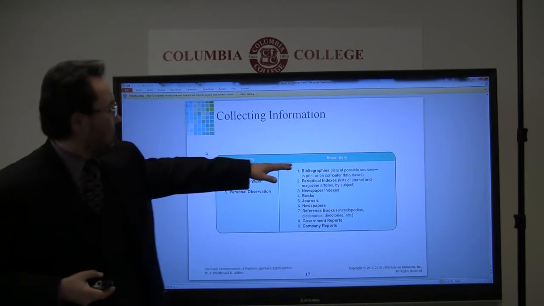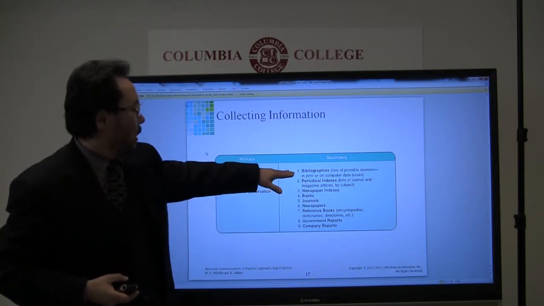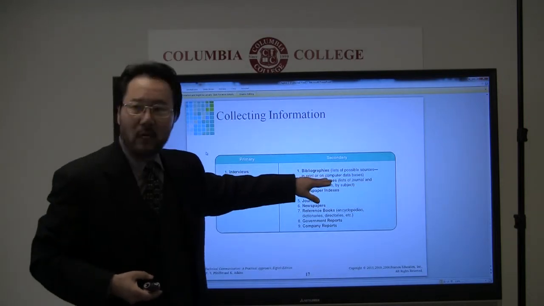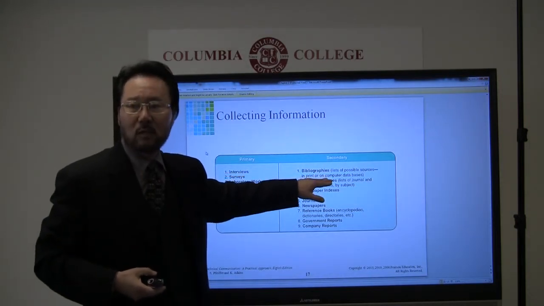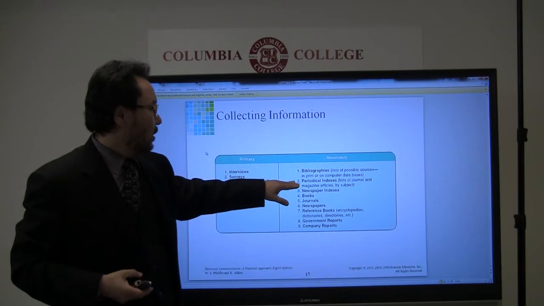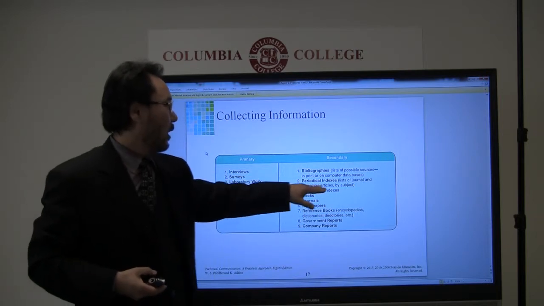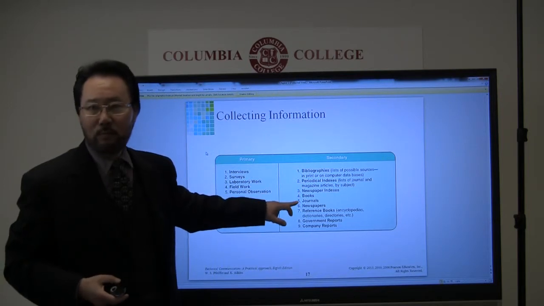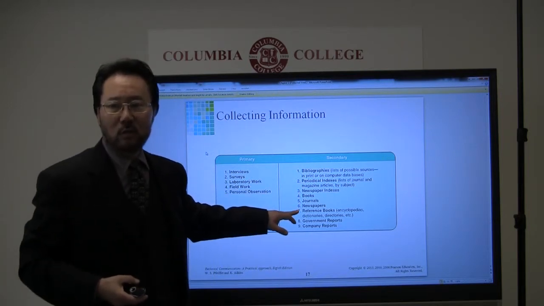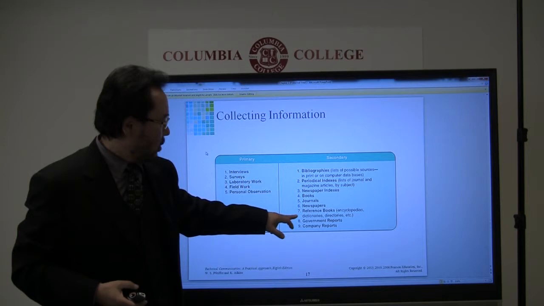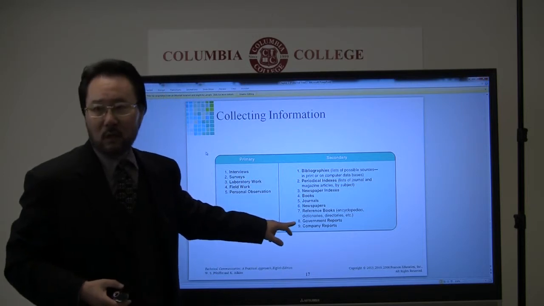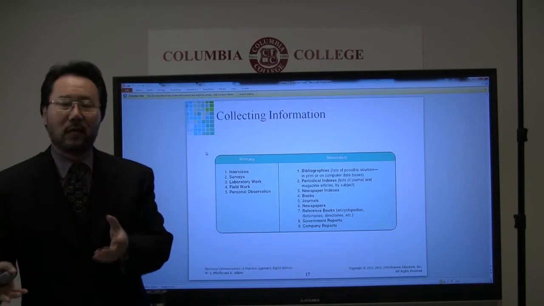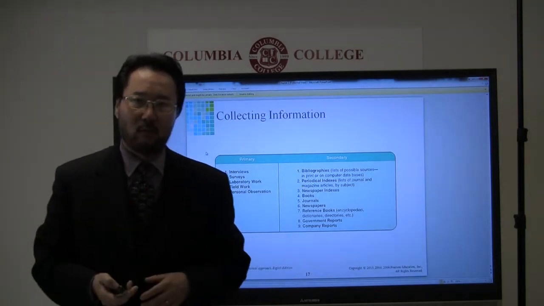Secondary information will be basically bibliographies, from web pages, computer databases, periodical indexes such as magazines, articles, some type of journals, newspapers, books, reference books, government reports, and company reports. We call that secondary information.